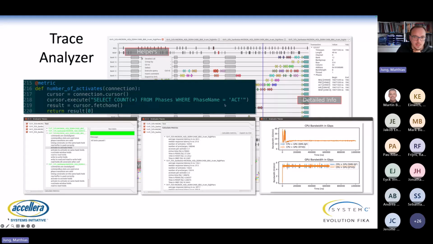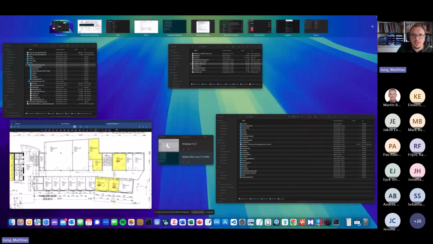And then we can run very simple queries on that. And you can write metrics. So you just put there a metric decorator, and then this also appears here in the trace analyzer. And then you can compute things like what is the average response latency, what's the median response latency. But you could also follow the bandwidth over time. You can do bandwidth versus latency plots and a lot of things. So this is basically what's happening in the trace analyzer.